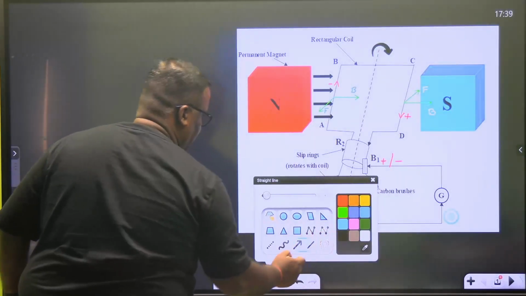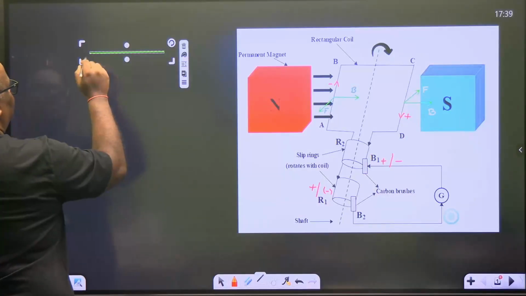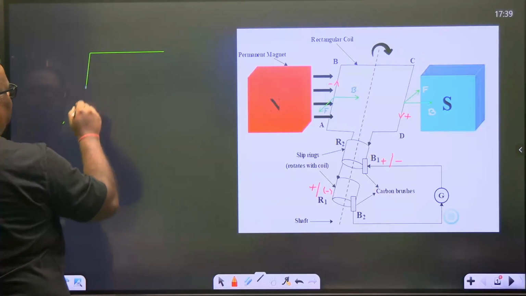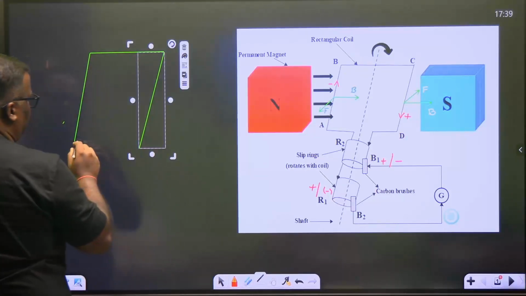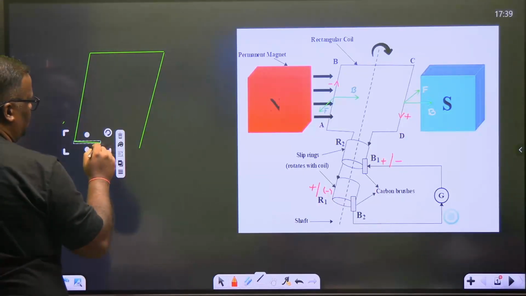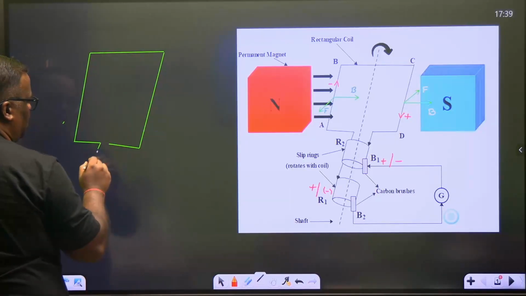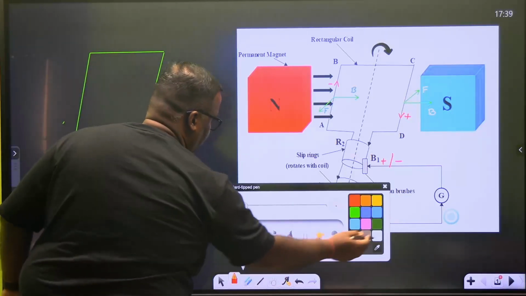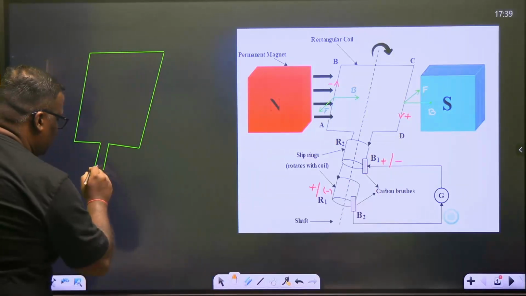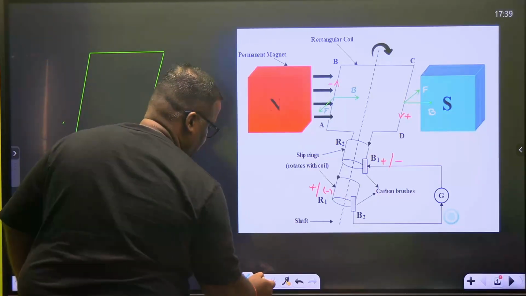Okay, so it's like this. Let's see the DC generator here. Same, no difference. The difference comes here now. Half ring, and then you have your brushes.